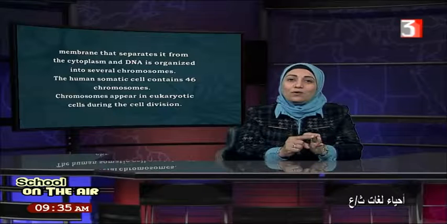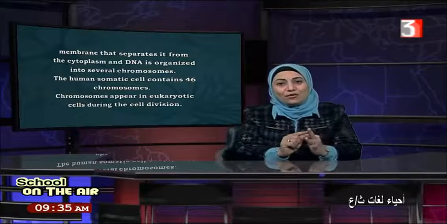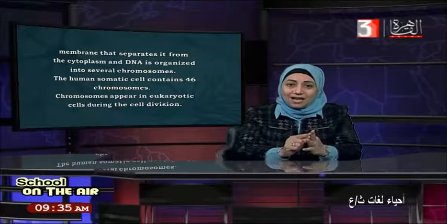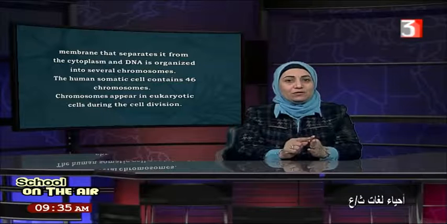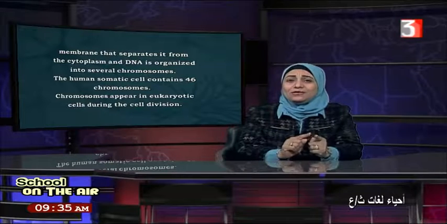Nucleoplasm is a fluid which contains the nucleolus and chromatin. What is the nucleolus? The nucleolus is responsible for the synthesis of protein to make hormones and other nutrients for the nucleus. The last one, what is the chromatin reticulum?